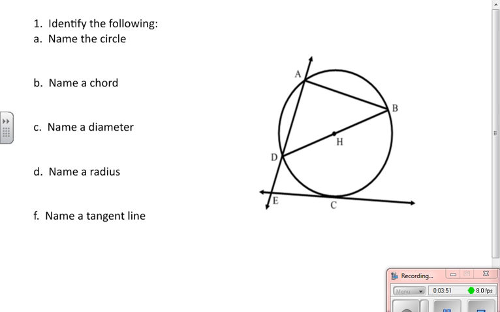Now let's name some of these and practice some of this new information. Naming circles, they're always named by the center. So whatever letter is at the center, so this is circle H, and that is the official notation for a circle. Name a chord. Well, there are several chords here.